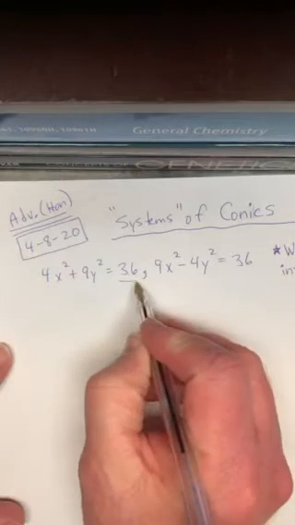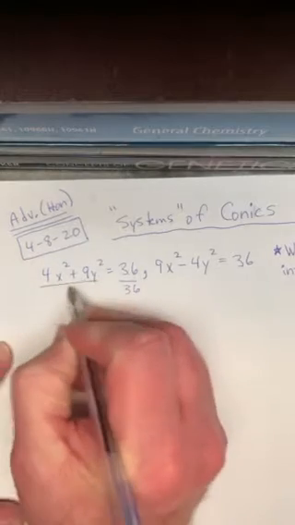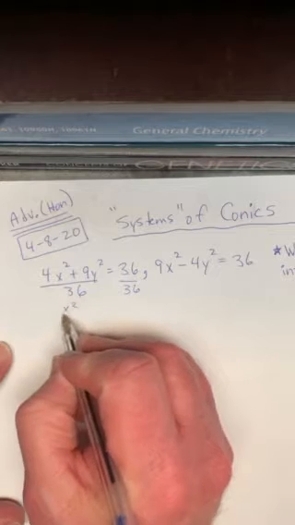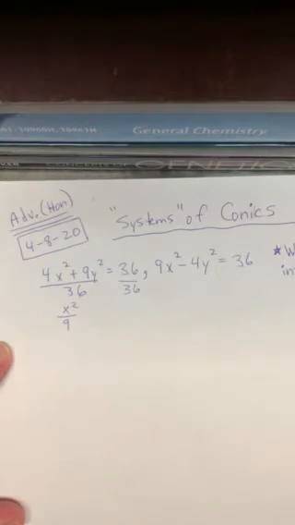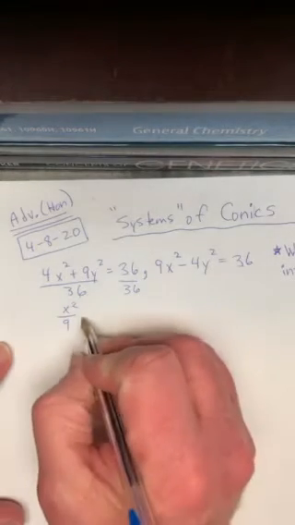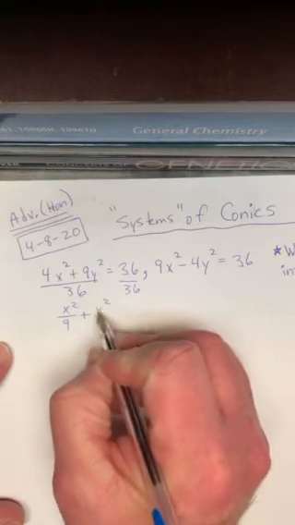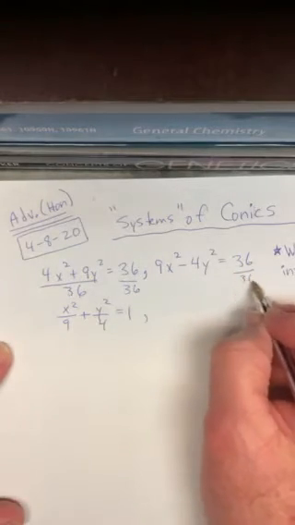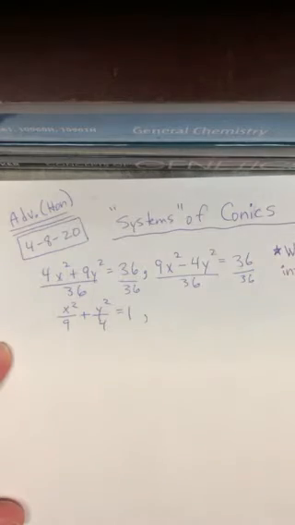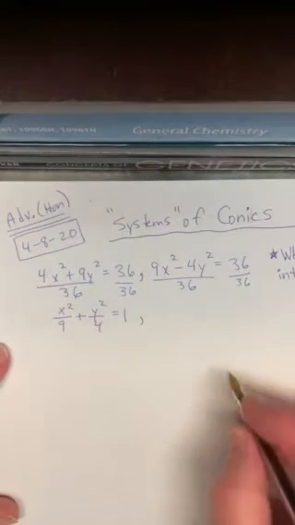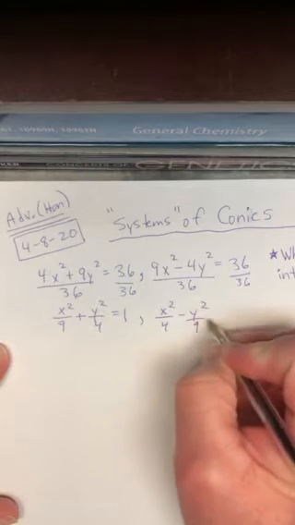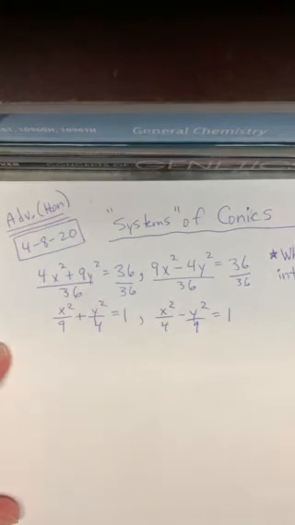So in both cases, I'm going to divide both sides by 36. Making this one become x squared over 9, because it's 4 over 36, plus y squared over 4 equals 1. And then the hyperbola, when I divide that one by 36 on both sides, simplifying into standard form, we've got x squared over 4 minus y squared over 9 equals 1.